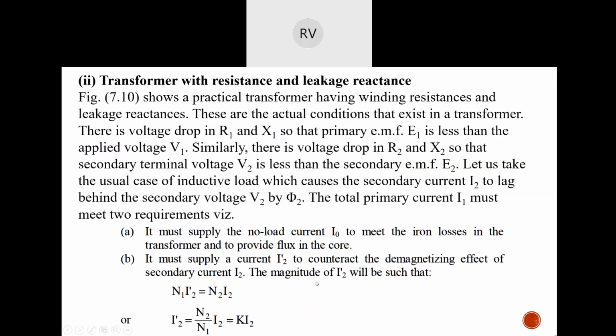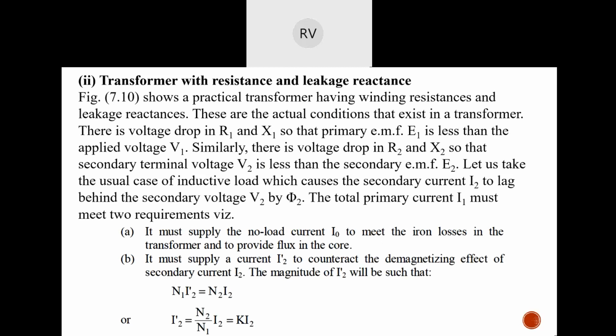Okay. Next case is transformer with resistance and leakage reactance. Till now we ignored those two, so here we are going to incorporate them also. The actual conditions that exist in the transformer will have a voltage drop in R1 and X1, so that the primary EMF E1 will be less than the applied voltage.